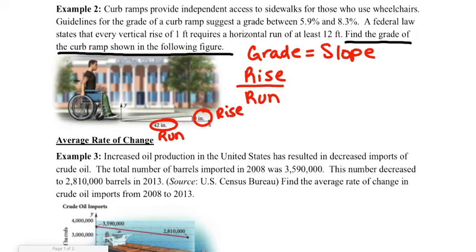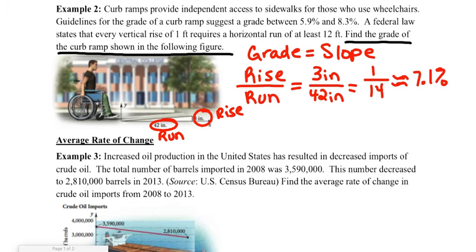So I'm just going to go ahead and write that fraction. 3 inches divided by 42 inches. If we go ahead and simplify that fraction, that's 1/14, which is approximately 7.1%. That falls within these guidelines of 5.9 to 8.3, so we know that that would be a perfect ramp that we could put in.